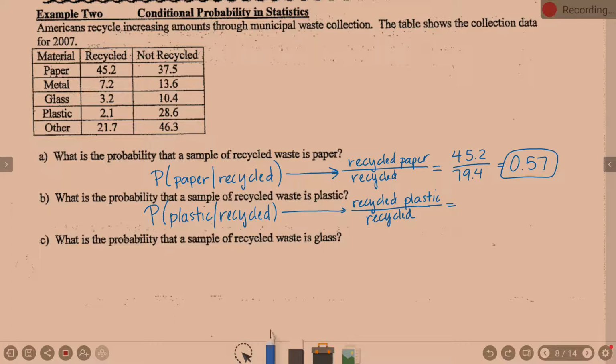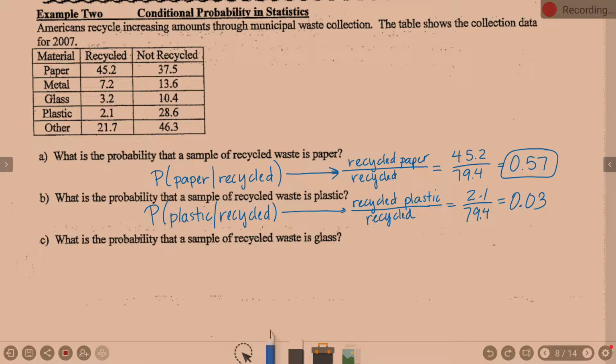Well, one of those numbers is easy. What do we know here? 79.4. Yeah, again, it's out of everything recycled. So again, it's out of 79.4. What about recycled plastic? 2.1. 2.1 divided by 79.4 is 0.03.